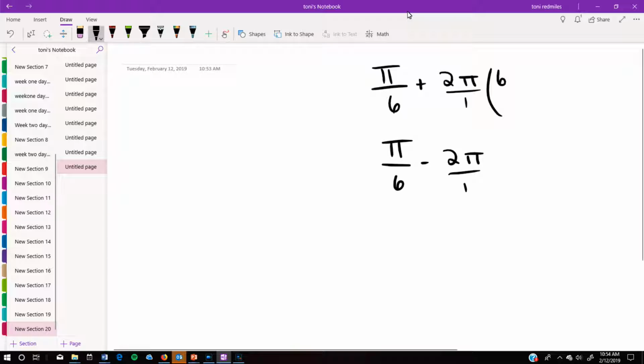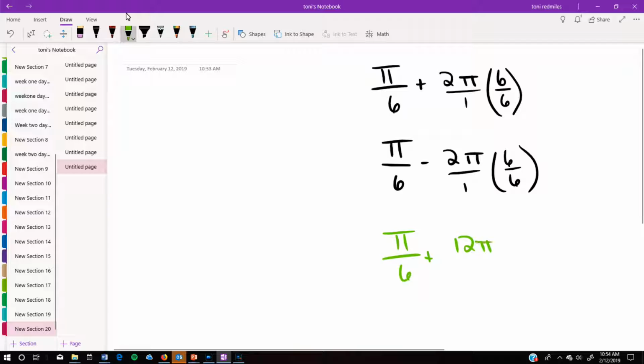I'm going to have to multiply this by 6 over 6 and this one by 6 over 6. So my new fractions are pi over 6 plus 12 pi over 6 and pi over 6 minus 12 pi over 6.